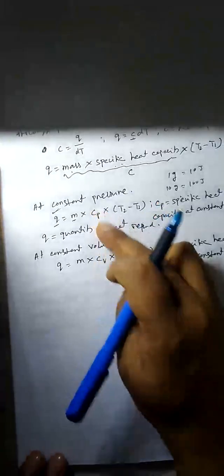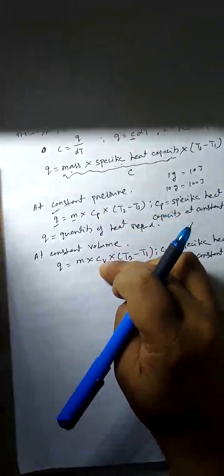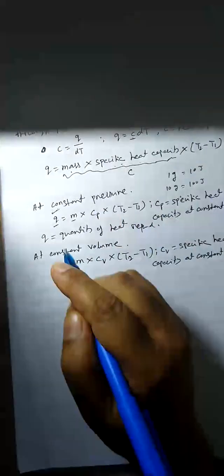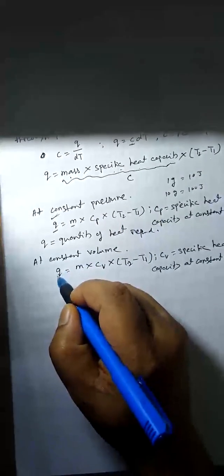This is called specific heat capacity at constant pressure, and specific heat capacity at constant volume. This Q is called the quantity of heat required, the amount of heat required.